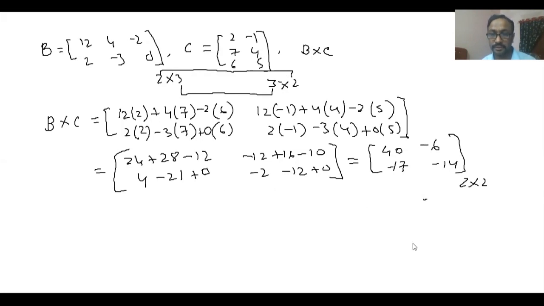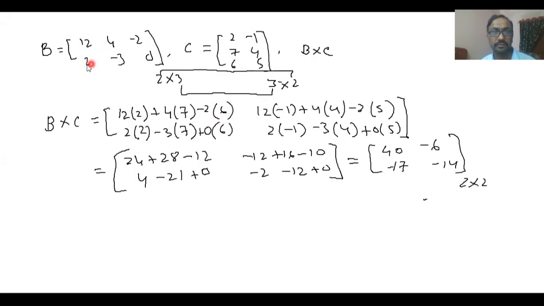Right? Let me explain again. So we take the first row and we take the first column. So 12 multiplied by 2 here, 4 multiplied by 7, minus 2 multiplied by 6, right?